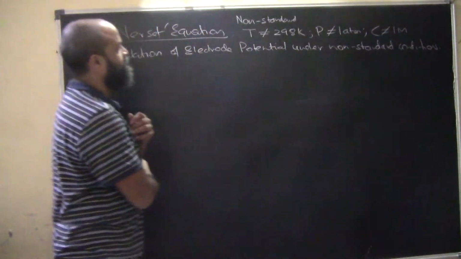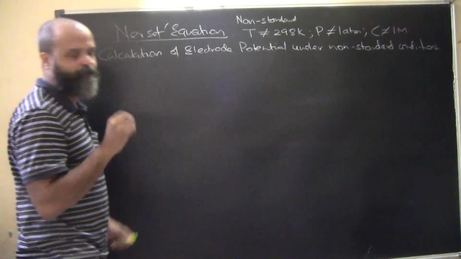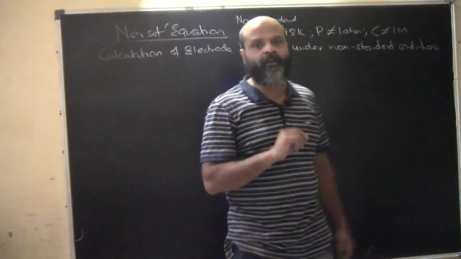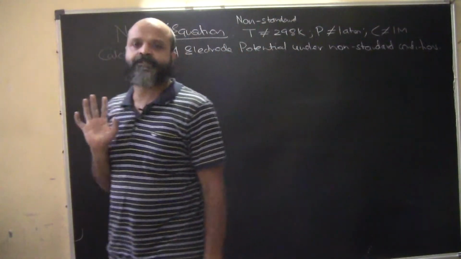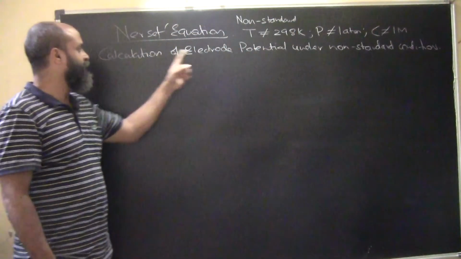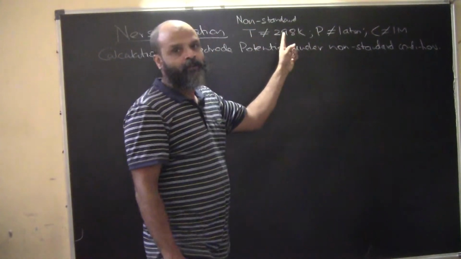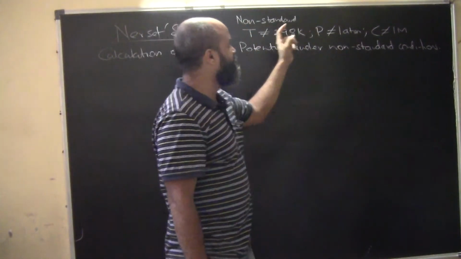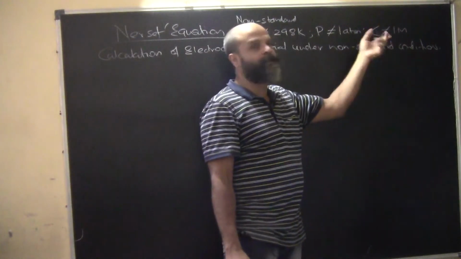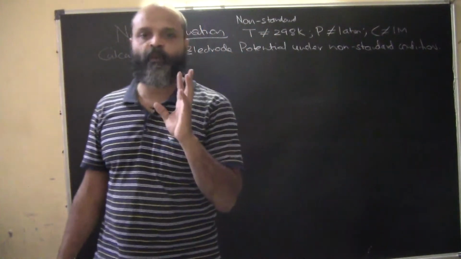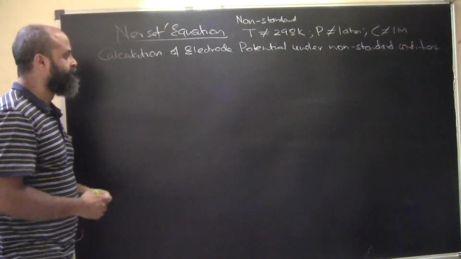So this Nernst equation is primarily used in calculation of electrode potential under non-standard conditions. What are the non-standard conditions? When temperature is not 298 Kelvin, when pressure is not 1 atmosphere, and when the molar concentration is not 1 mole. So let's look at it.